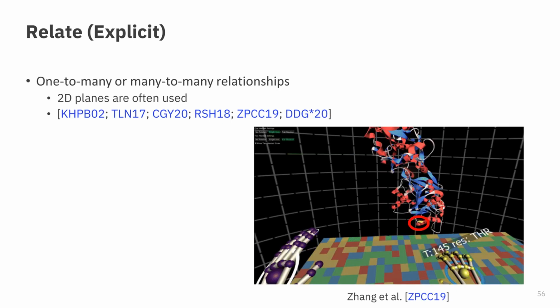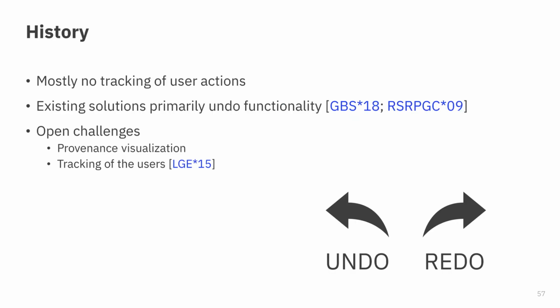More challenging are cases where there are one-to-many or many-to-many relationships between the spatial elements and other non-spatial data. A typical solution to this challenge is to use 2D planes embedded within the 3D environment, where additional non-spatial information is depicted.